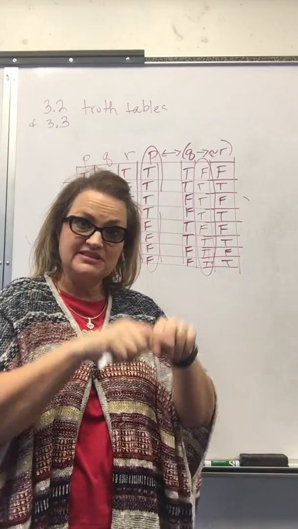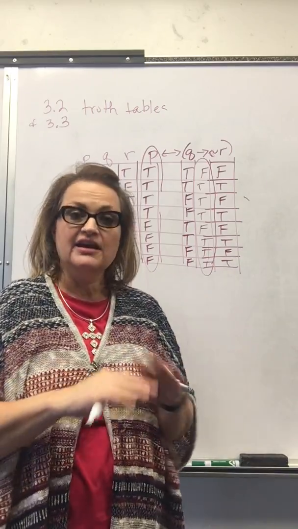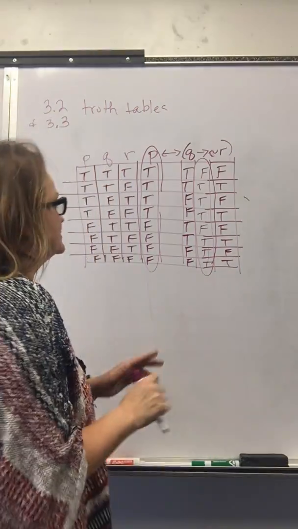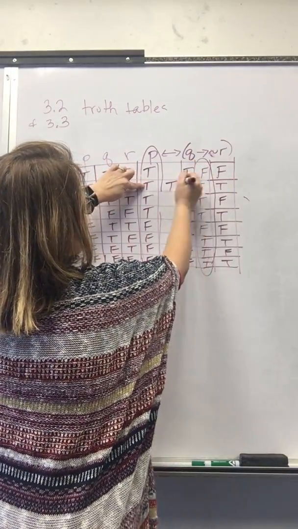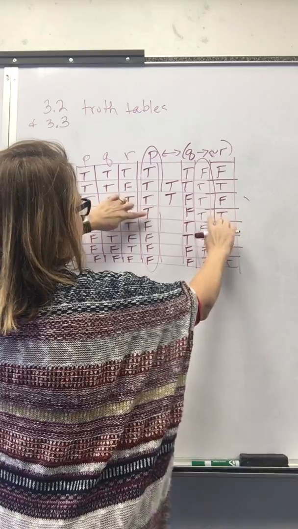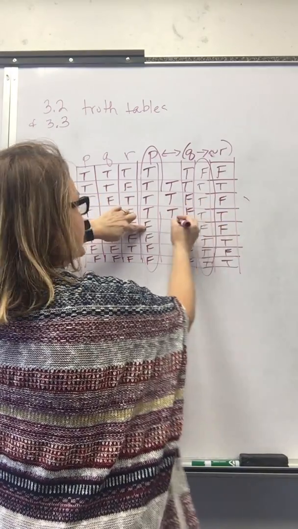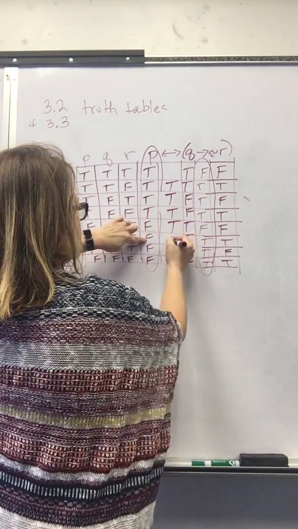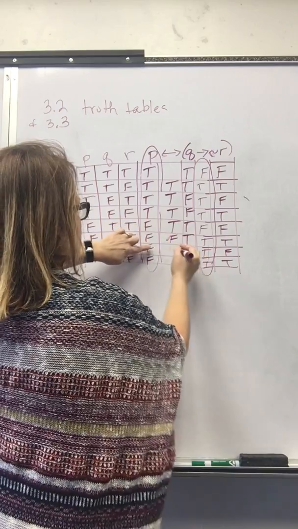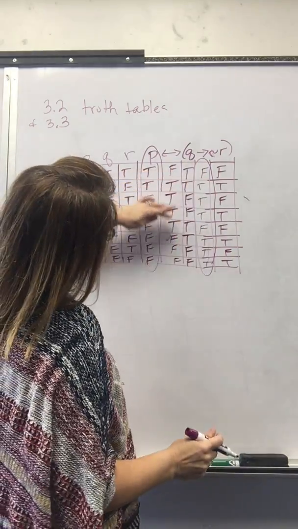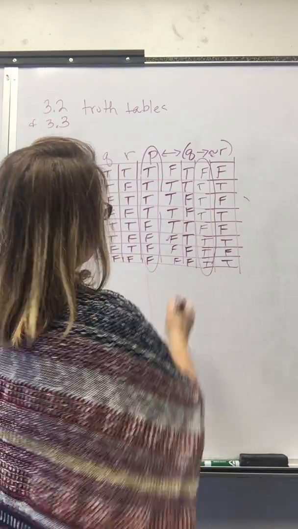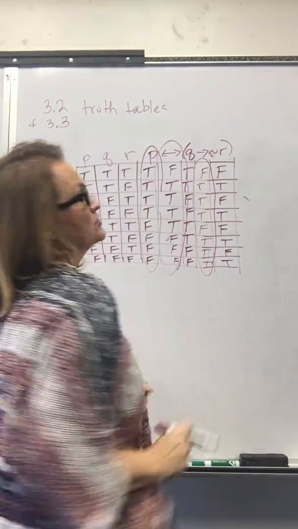An F and an F is T, a T and a T is T. The other ones, if there's a combo, it's F. So I'm looking for same truth value. T and a T, T and a T, T and T, F and F. All right, so there was a few of those, or 4 of those, it's split half and half, but this is your final answer to that.